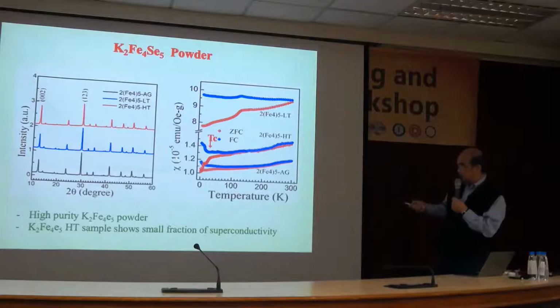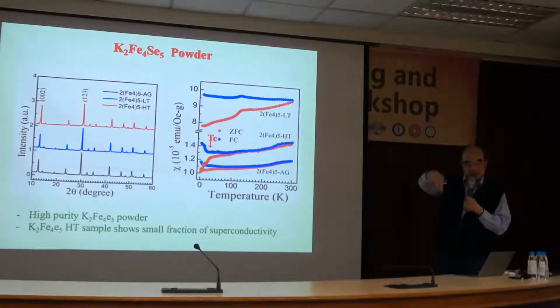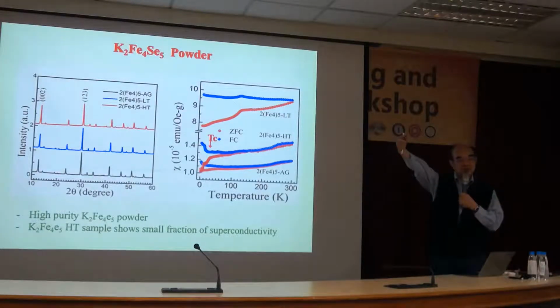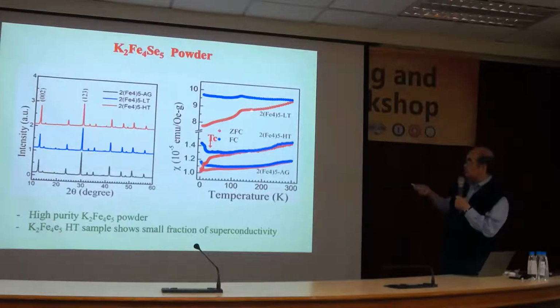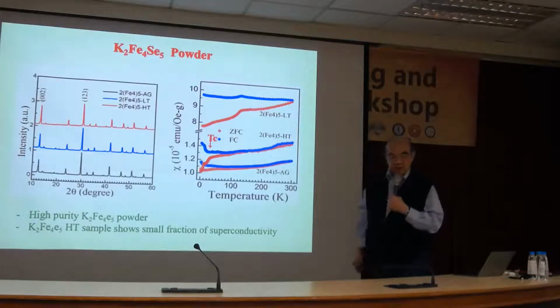And we see magnetic susceptibility of this kind of behavior, indicating some superconductivity, although the volume fraction is very small. On the other hand, if I anneal at low temperature, like 400 centigrade, without going to very high temperature, and then slowly cool down, then it's not superconducting, it's insulating, and you see a transition at around 125 Kelvin.